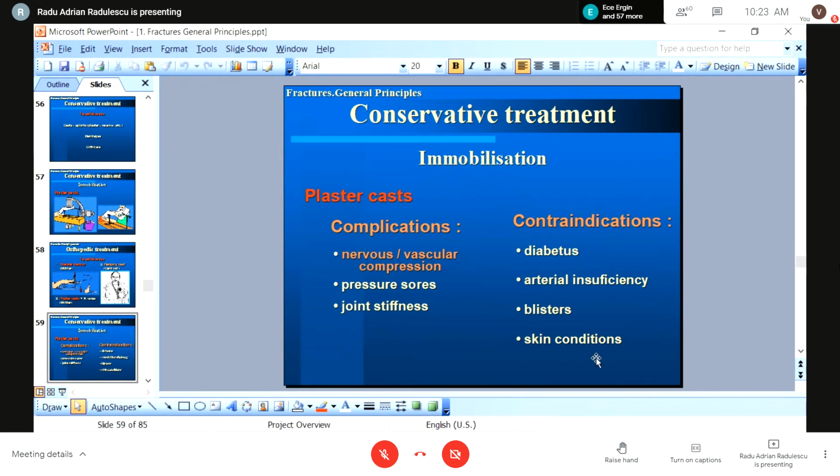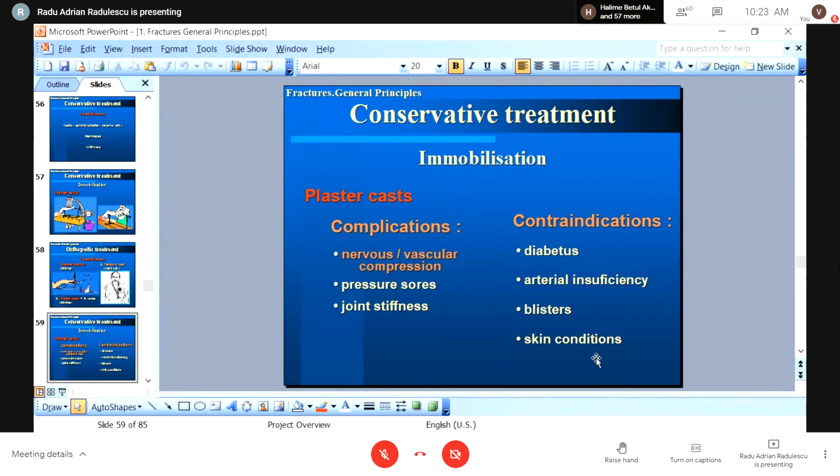Plaster cast may be accompanied by complications, by compressions or joint stiffness, like I said before, or pressure sores if the segment of the limb was not properly enveloped with, let's say, cotton before applying the cast.